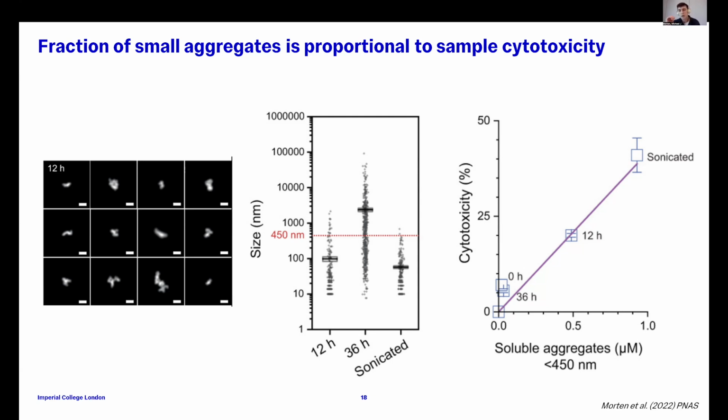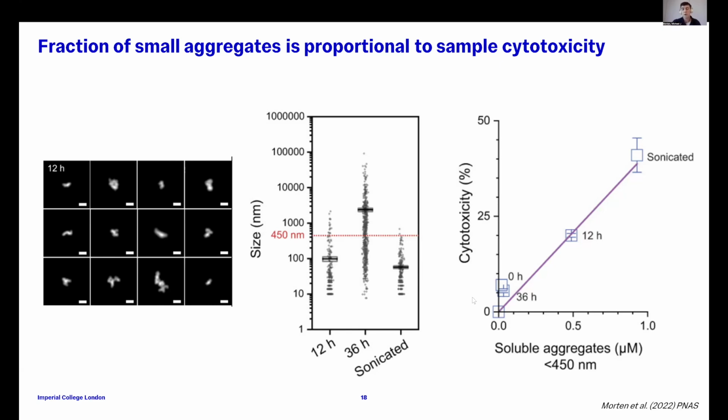If we stop the aggregation reaction after 12 hours and measure the different sizes, we see a very different size distribution than if we let the aggregation curve carry on to 36 hours, for example. So here we have a much larger proportion of samples under this 450 nanometer threshold. Then we took a second sample that we'd let go to the 36-hour endpoint, and we sonicated it again to increase the number of these very small aggregates.